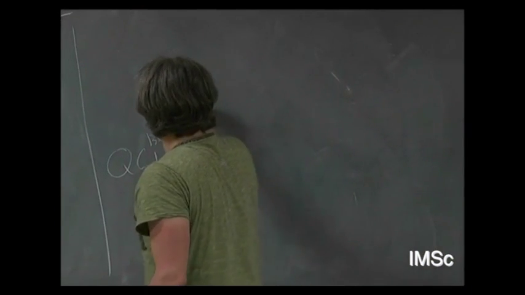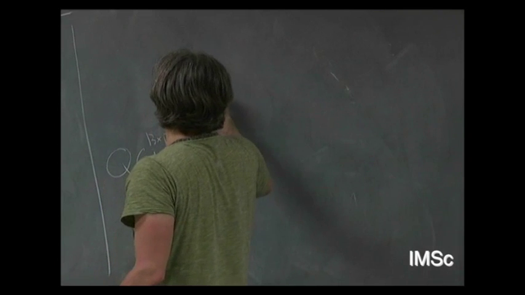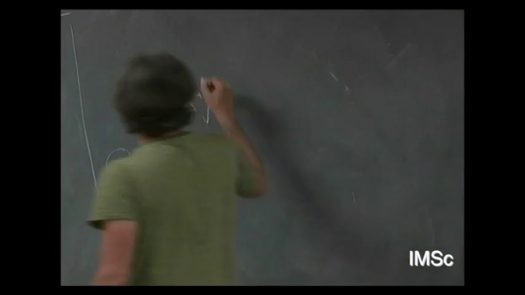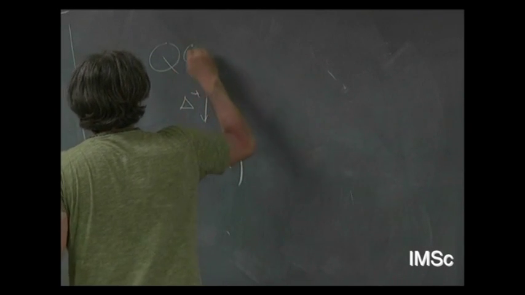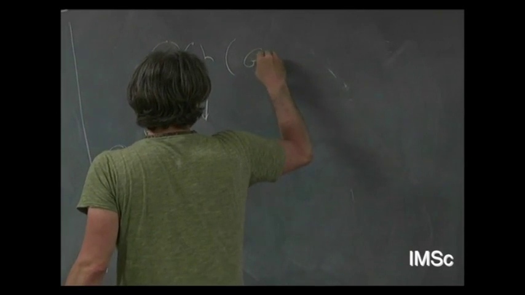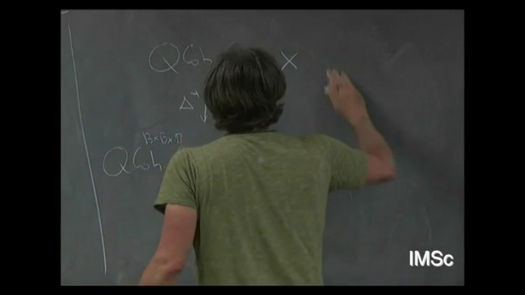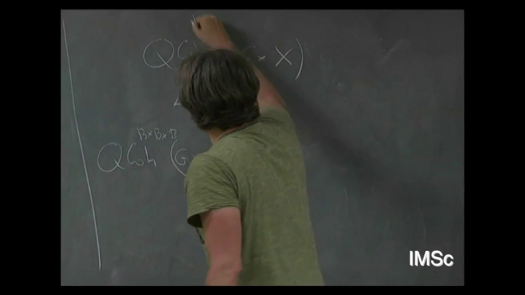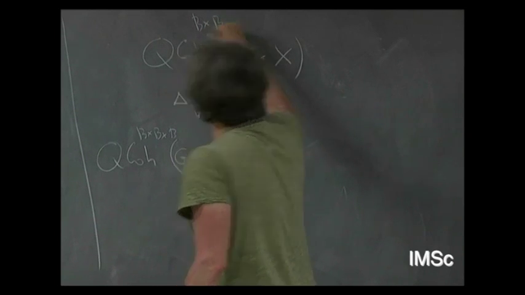Now I can do restriction of equivariance, which I still prefer to call delta star, and land in quasi-coherent sheaves on G times X, which are B times B delta equivariant.